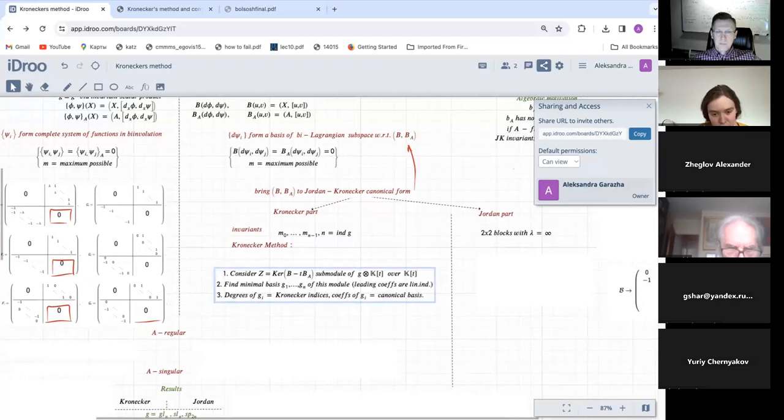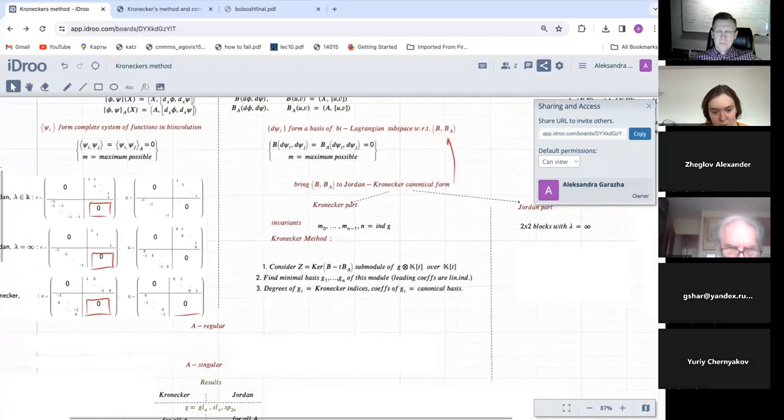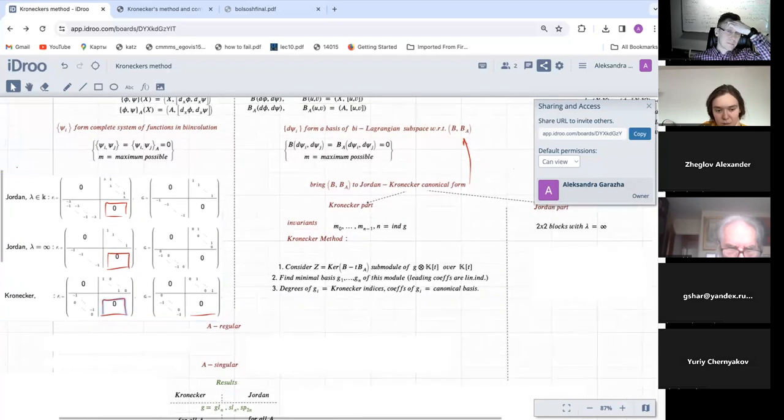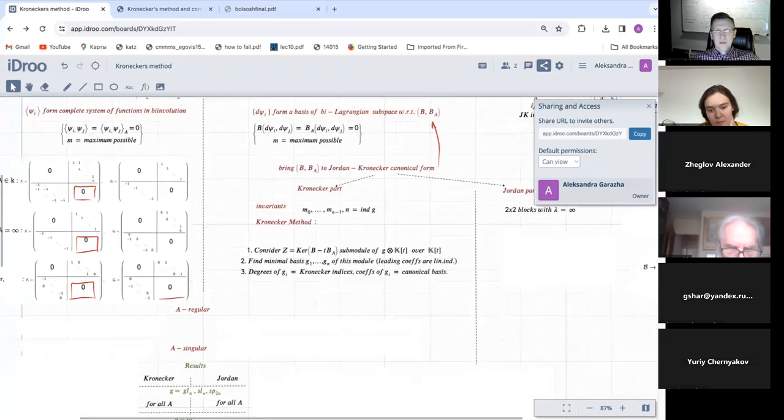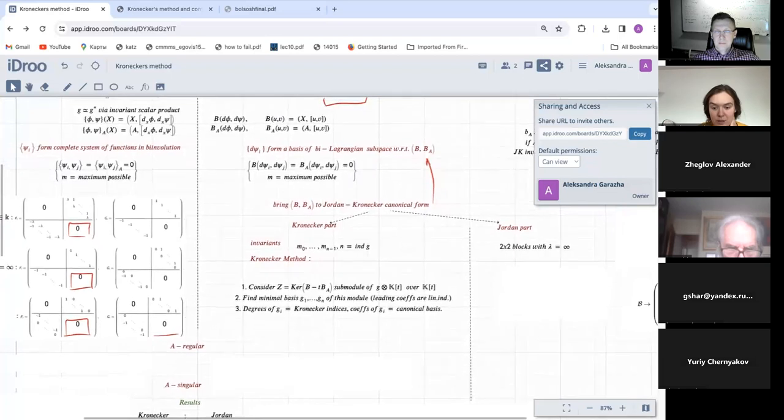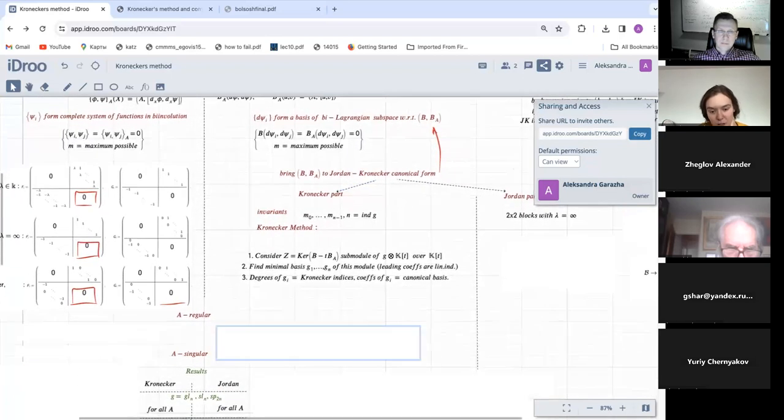If we found this basis, then the degrees of this basis are the Kronecker indices, and the coefficients of this basis form the second parts of the canonical basis for the Kronecker blocks. Okay, we will consider an example a bit later.